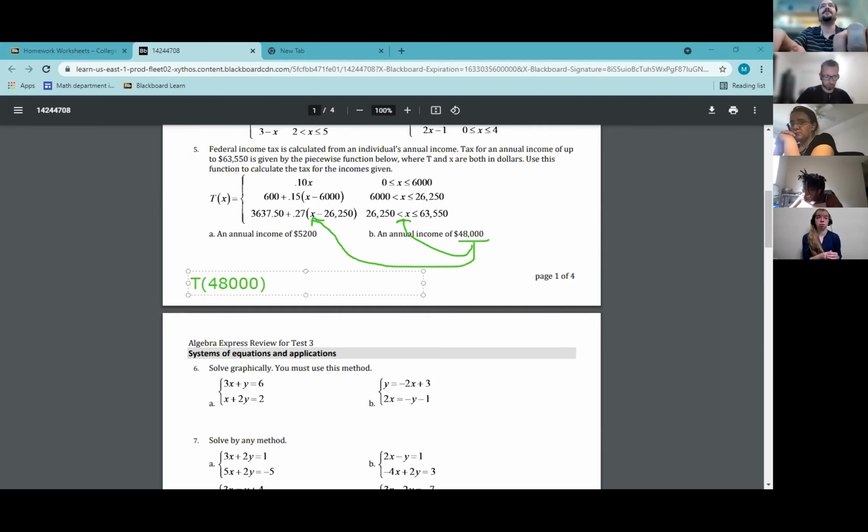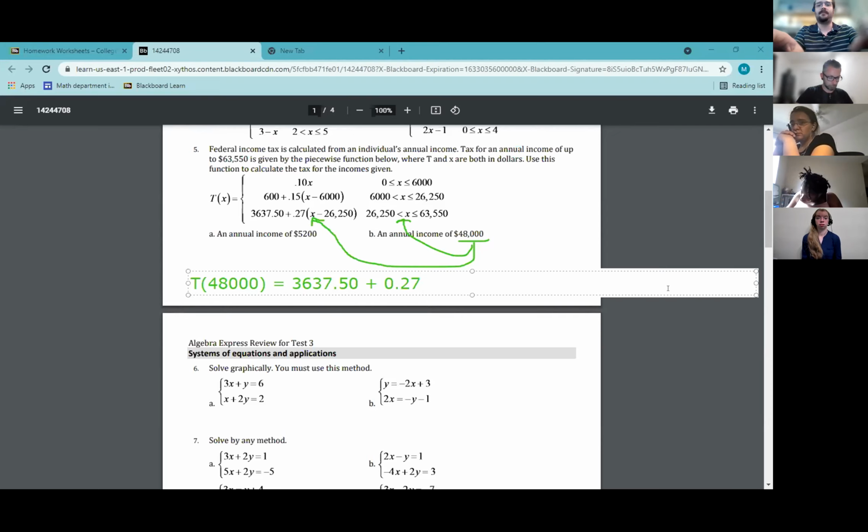Make sure I got the right number of zeros in there. 36,750, and I'm adding 0.27. Let's expand this out so it writes. And I'm doing that times 48,000 minus 26,250.